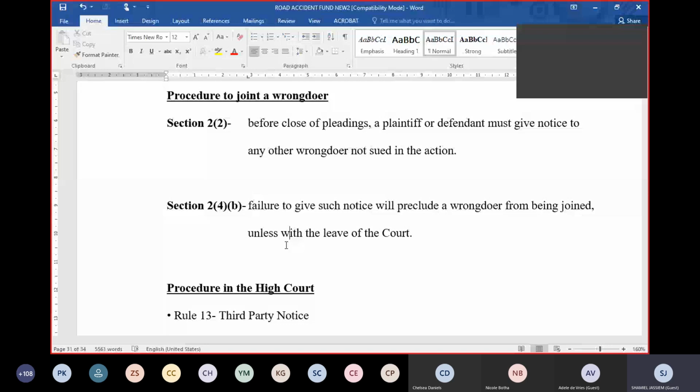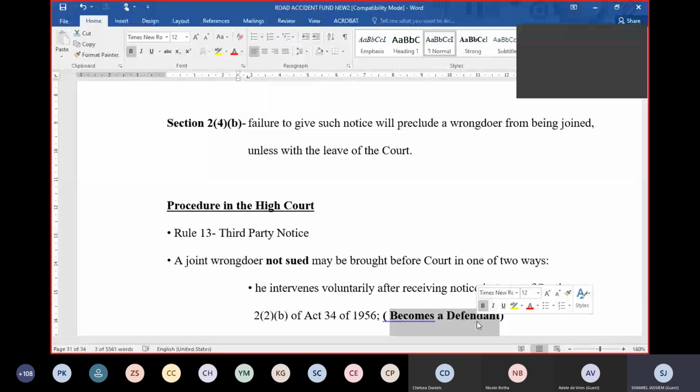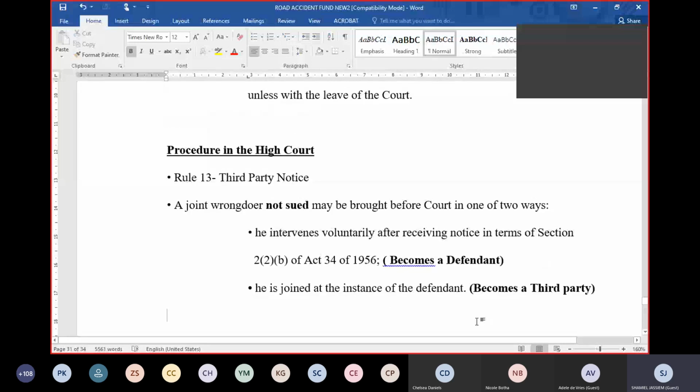So let's look at the instance where you as the wrongdoer, after receiving the notice in terms of Section 2.2, you say yes to my notice. If you say yes to my notice, then you will be joined as a defendant. This is now in the High Court. If you say no, you will still be joined to proceedings, but you will be joined as a third party.